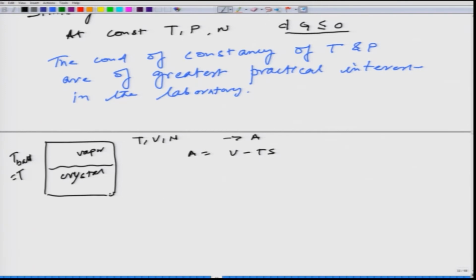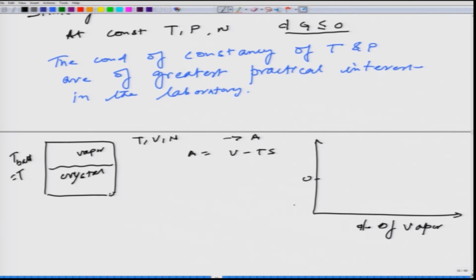Now, if we make use of some statistical methods and evaluate U and TS in some way, it turns out that it will look like the following. So, let us say this is 0 and this is your percentage of vapor. Okay.